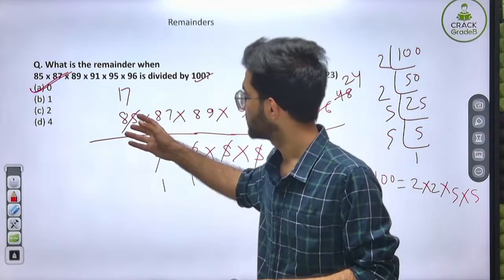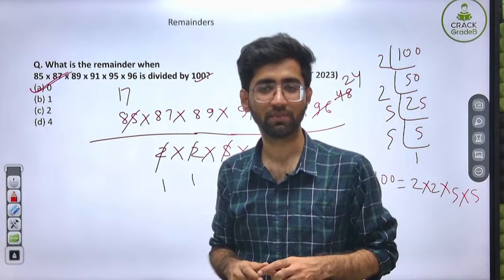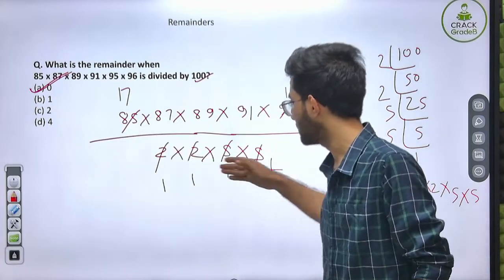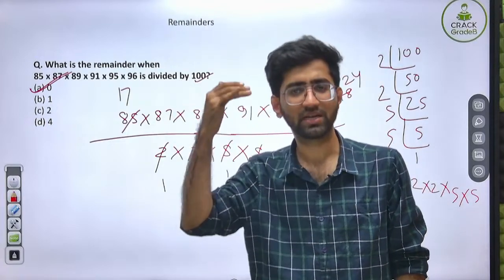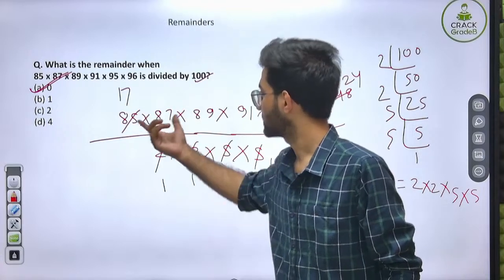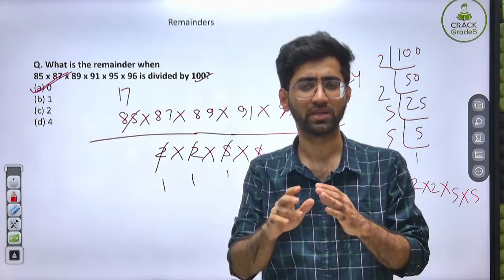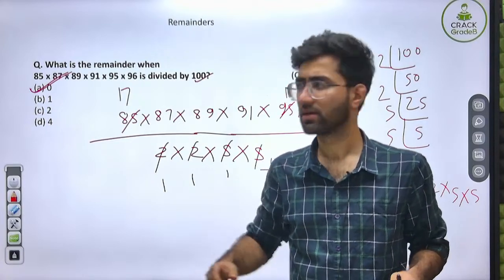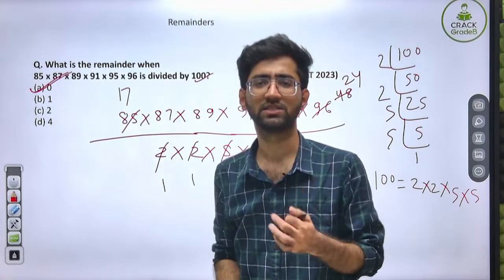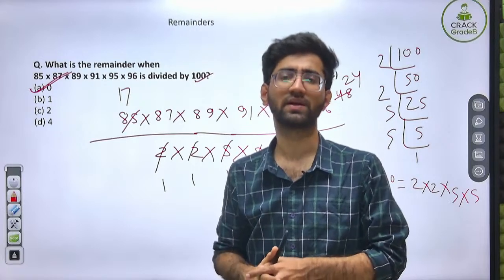So you should solve these questions again by yourself, right? Then only you will be able to observe whether you can solve this. See, if you try to divide it by 100, our immediate response is that there are good chances that this multiplication is not divisible by 100. But you don't need to worry, you just need to simplify. If you are able to find one option as 0, there are at least some chances that this number is perfectly divisible.